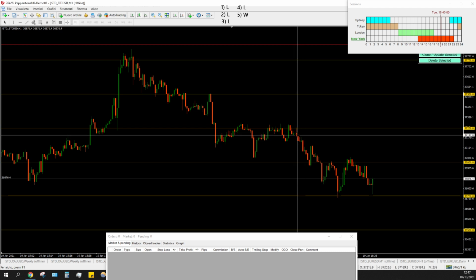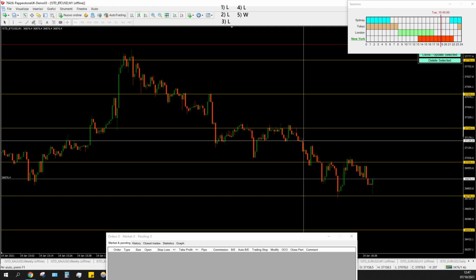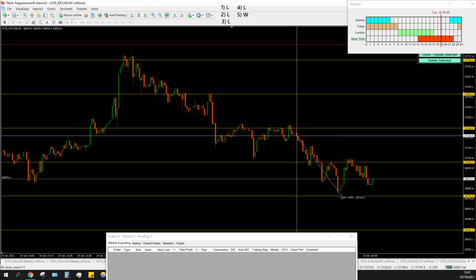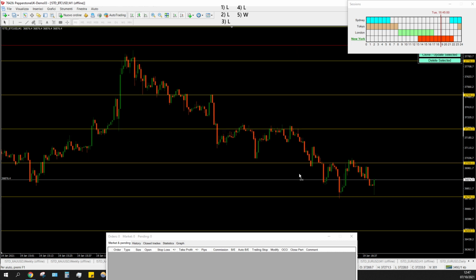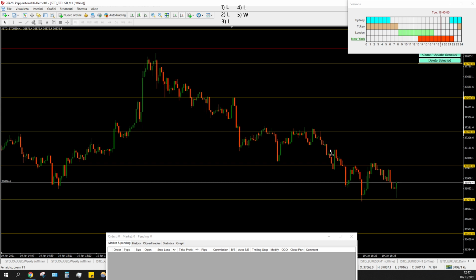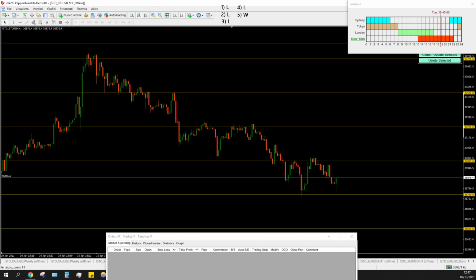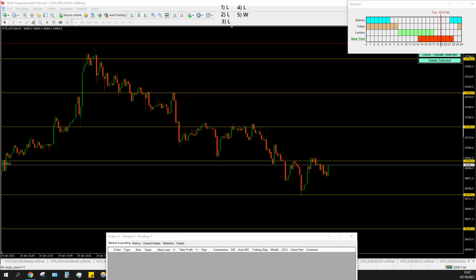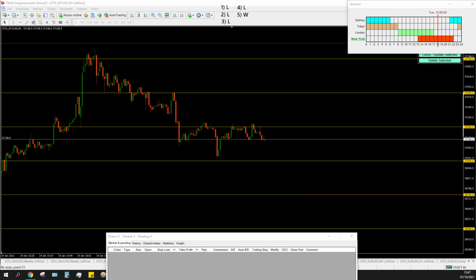This one was a nice one. As part of my setup, would have given me 40 pips. So it will be good. But this is it. We had price trending, we had multiple rejections. So to be completely honest, it is one of my setups. So I'm going to take it.